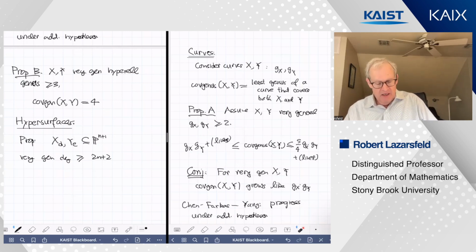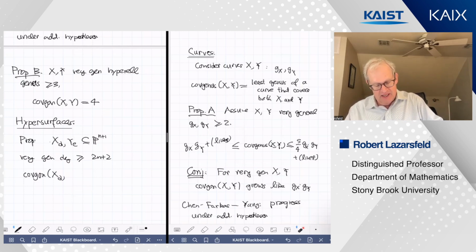Remember that the covering gonality of X is essentially d. Asymptotically, it's d, and the covering genus is asymptotically d squared over 2. And so the statement is that for these joint invariants, you get additive bounds.